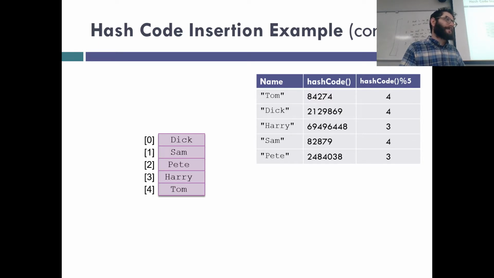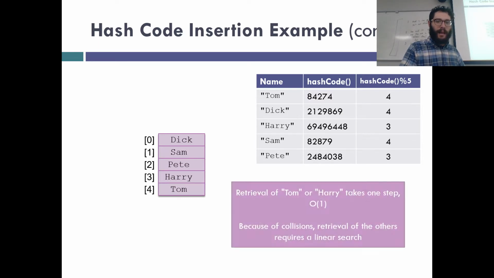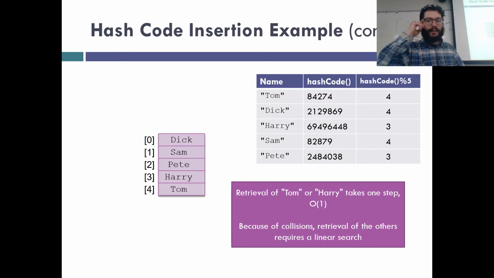Now, as you imagine, this means that Tom and Harry, inserting those took constant time. It took one step. But because we kept having collisions, as the amount of empty space went down, the amount of time it took went up dramatically. Think about it like trying to park a car in a parking garage.